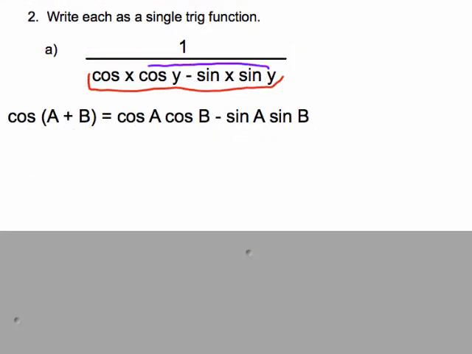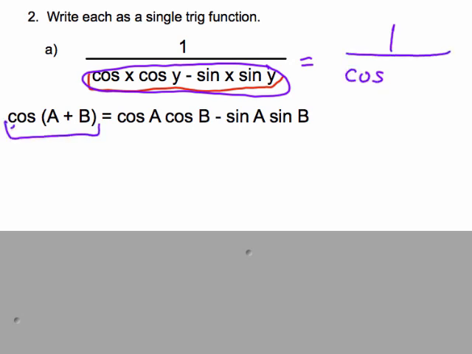And so all of this, because of my identity, is equivalent to the cosine of the two angles x and y added together. And we can go one step further. We know that 1 divided by cos is secant. So this is the secant of our angle x plus y.